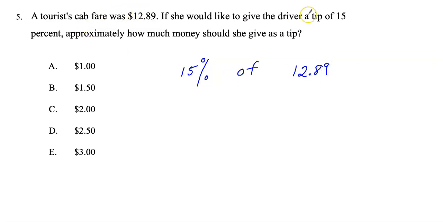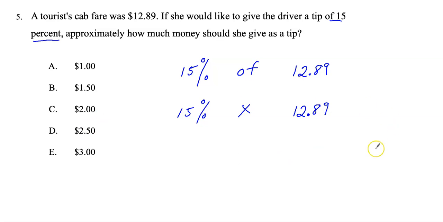So 15% of the total, $12.89. Well, of in these types of problems means multiplication. So it just comes down to 15% times, of becomes multiplication, $12.89.